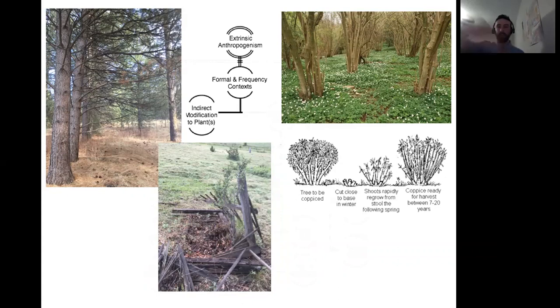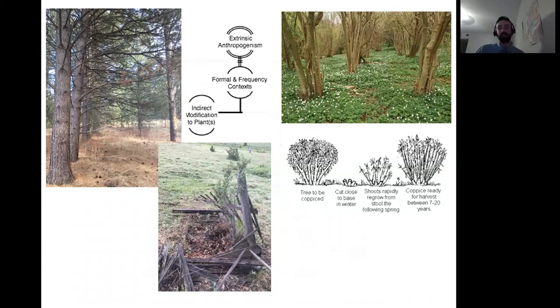In the upper right corner of the image below it, here's another example, coppicing. It's particularly popular in the UK around hedges, or in New England and out east in general, where people would plant things as a kind of border or fencing strategy, basically hedges.